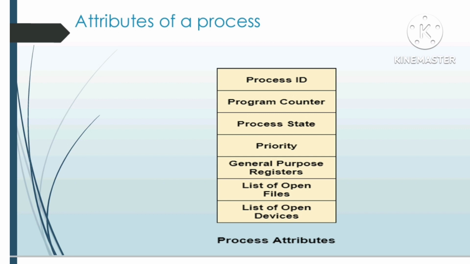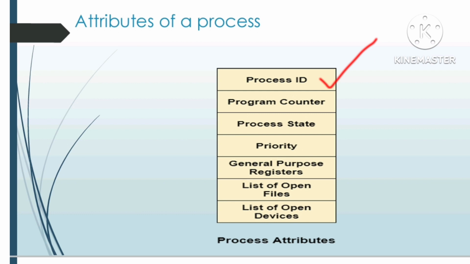Whenever any process is born, the operating system is going to give it some ID card. Now that ID card is going to look like this. This will contain all these attributes. One attribute is process ID. Every process will be given some number, that is called process ID.